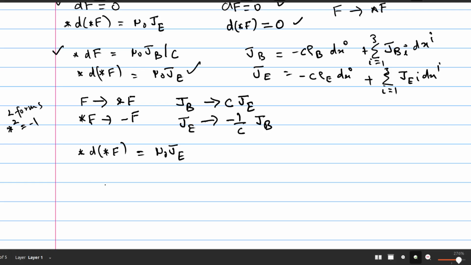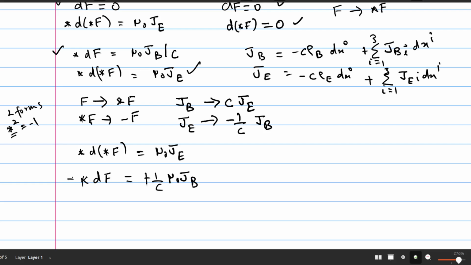And if in the second equation we replace Hodge star of f, meaning we are replacing actually f with Hodge star of f, and since Hodge star square is minus 1 on two forms, we get minus df, and on the right hand side we are replacing Je with minus 1 by c Jb, minus 1 by c mu naught Jb.